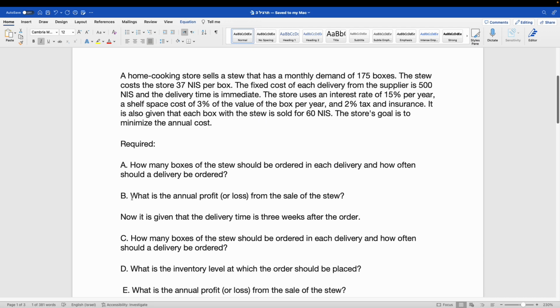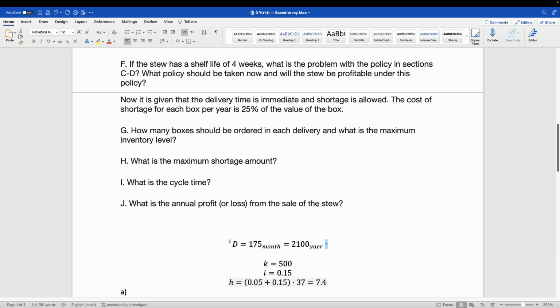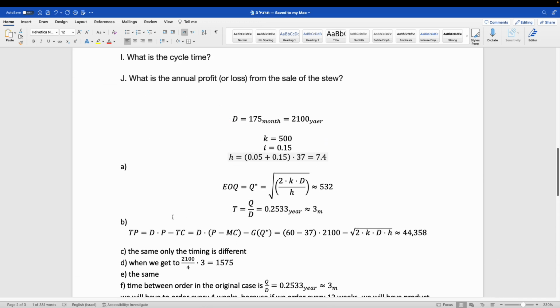And now for the second question: what is the annual profit or loss from the sale of the stew? So we want to calculate the profit. Total profit equals the demand multiplied by the price, minus the total cost.